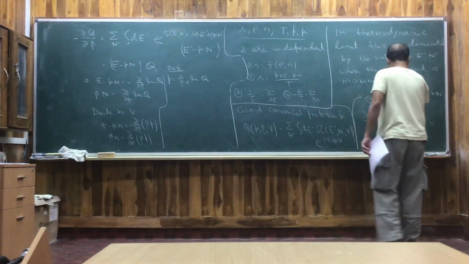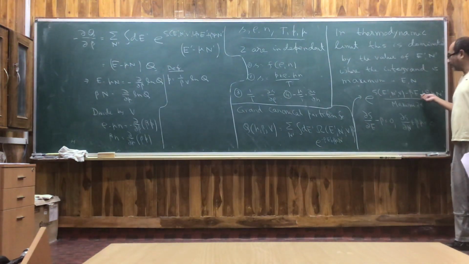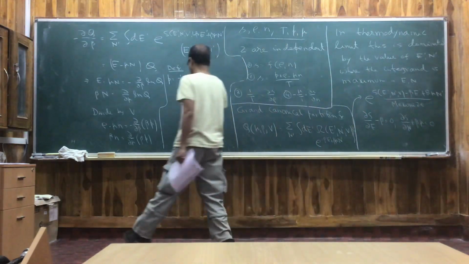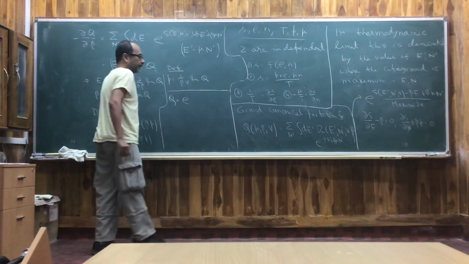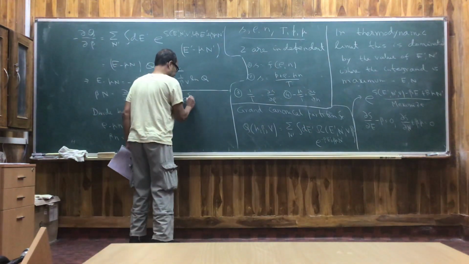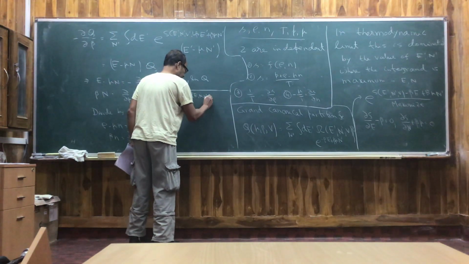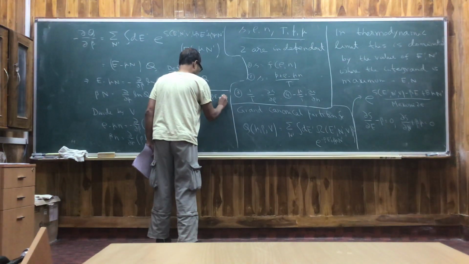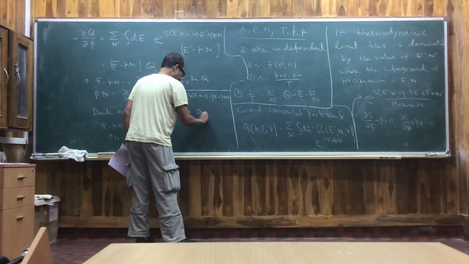This integrand, as we have already said, is sharply peaked around some E and N. Then Q will be given by e to the power S(E,N,V) minus beta E plus beta mu N, times some delta E, the width of the peak.